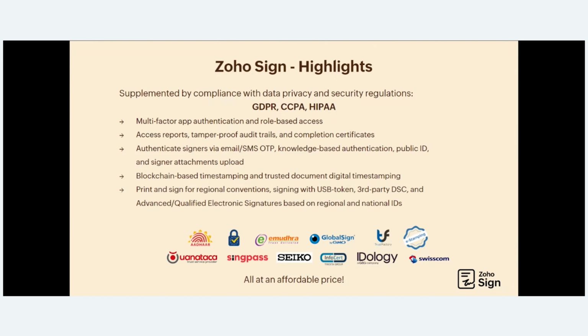Further, you can also use our REST APIs, webhooks, and mobile SDKs to integrate Zoho Sign with your in-house application. Zoho Sign also offers multi-factor authentication, tamper-proof audit trails, blockchain-based timestamping, and also the certificate of completion.